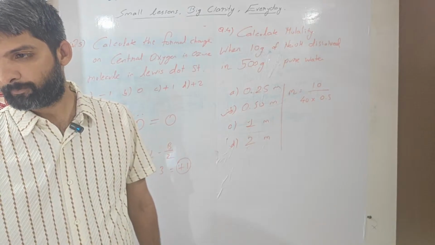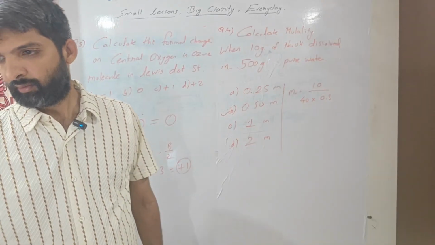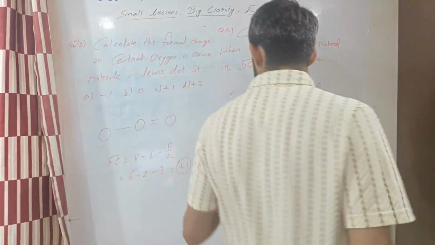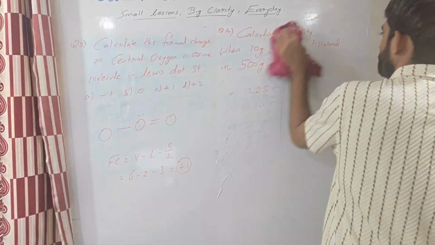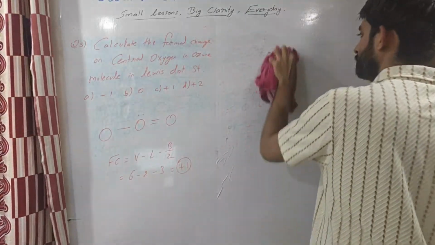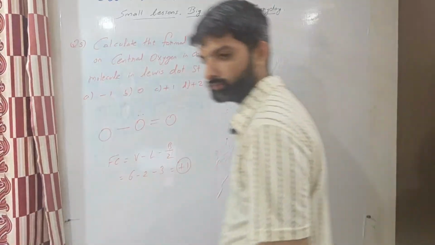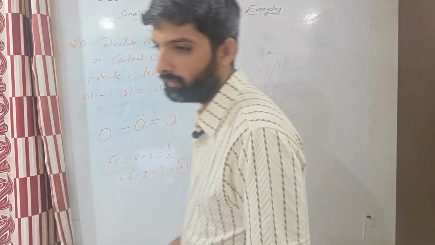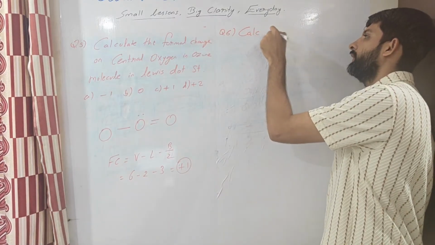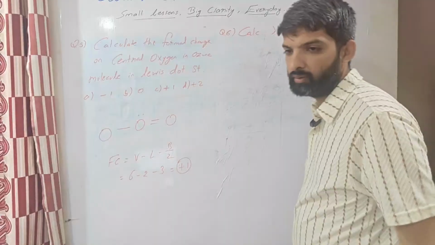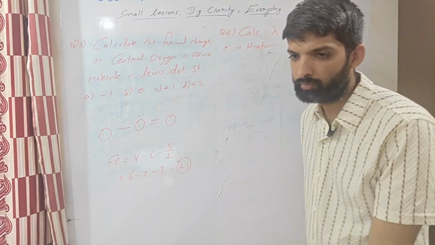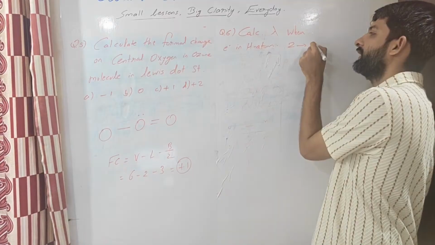Okay, let's see the next one. Calculate the wavelength when electron in hydrogen atom goes from energy level 2 to 1.